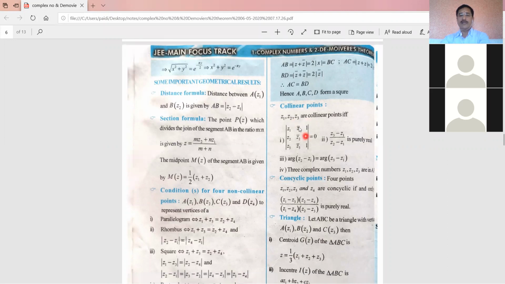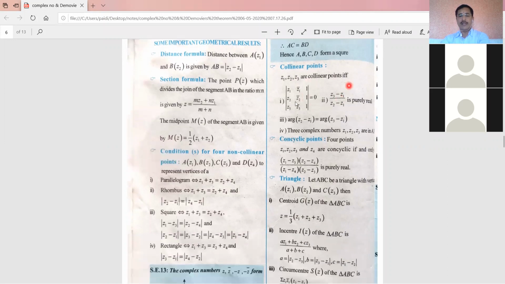If 3 points are collinear in a complex plane, then there are different conditions. So the first condition is the determinant condition. Determinant of Z1, Z2, Z3 in the first column, Z1 bar, Z2 bar, Z3 bar in the second column, 1, 1, 1 in the third column. If this determinant is equal to 0, then the 3 points are said to be collinear.